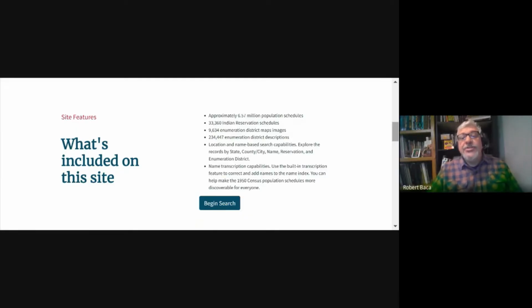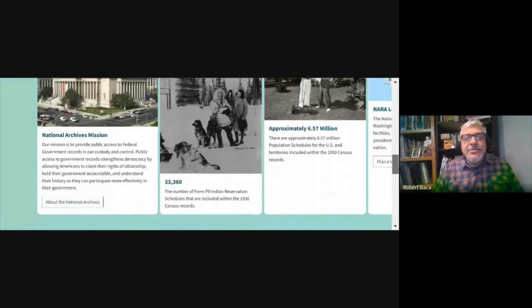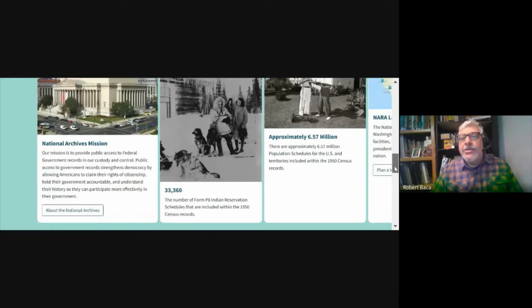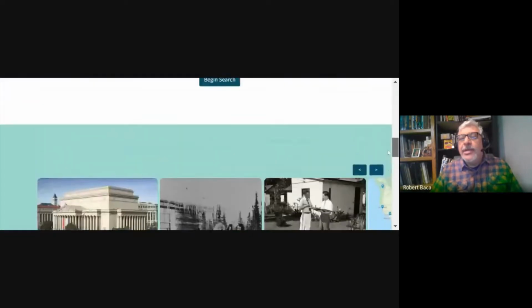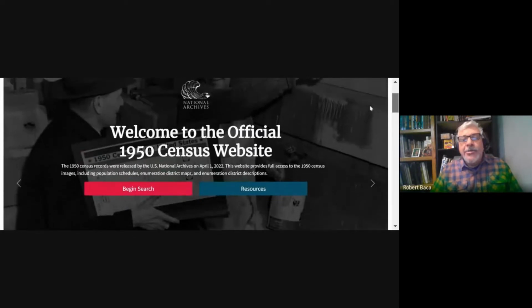These are pages. 9,634 enumeration district map images, 234,447 enumeration district descriptions, location and name-based search capabilities, and name transcription capabilities. And it gives you some more information about what all this means. And you can search all that if you want to, or look at it if you want to.